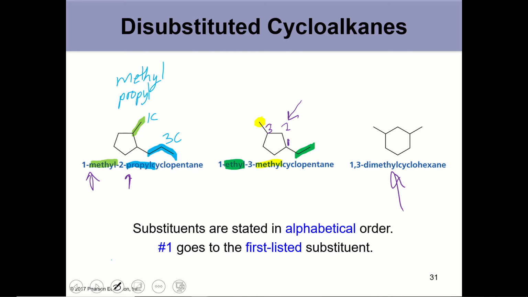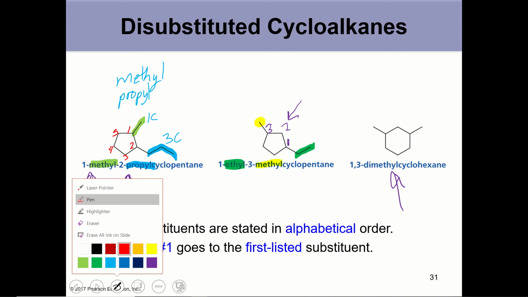So because M is before P in the alphabet, I will give the methyl substituent a lower carbon number for numbering my ring. And then I will give the propyl the next lowest carbon number possible. So that this molecule then is 1-methyl 2-propyl cyclopentane.